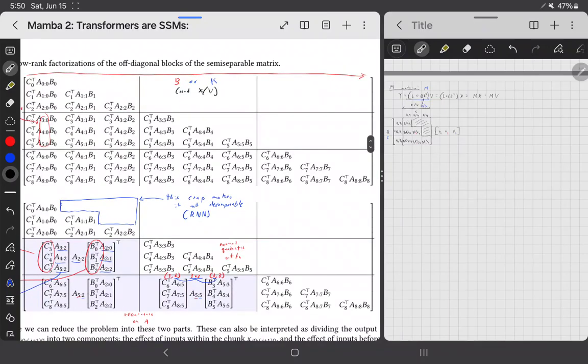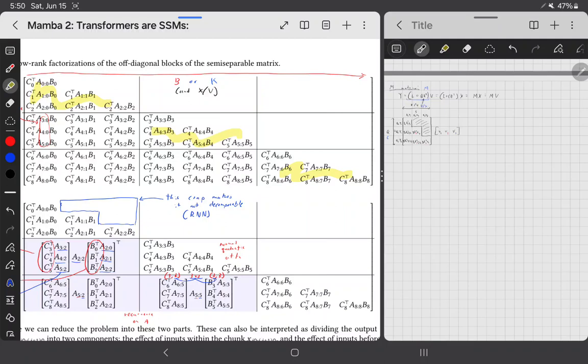So in this 9 by 9 matrix, these parts here are going to be your diagonal blocks.